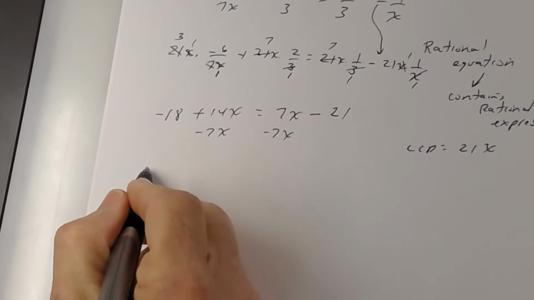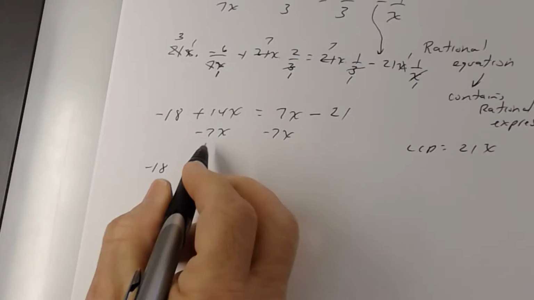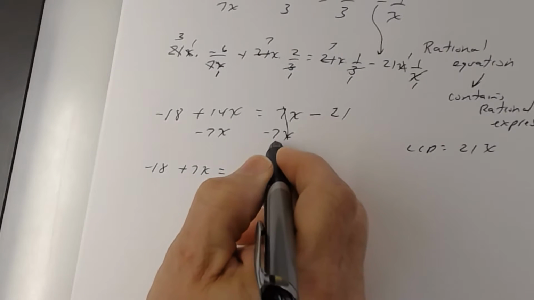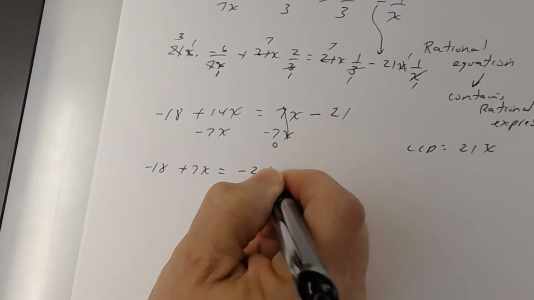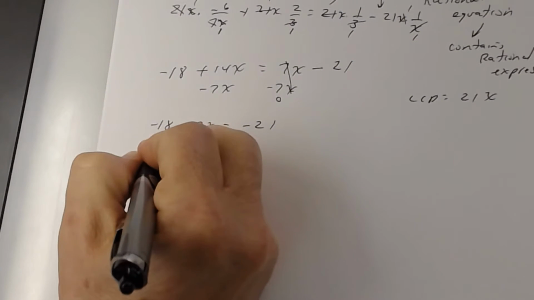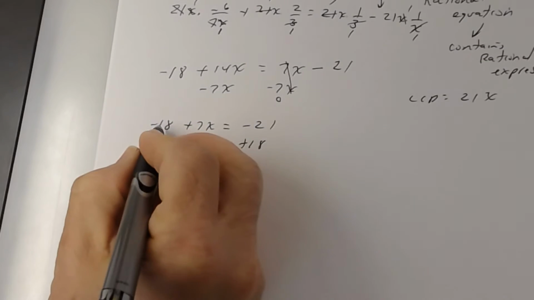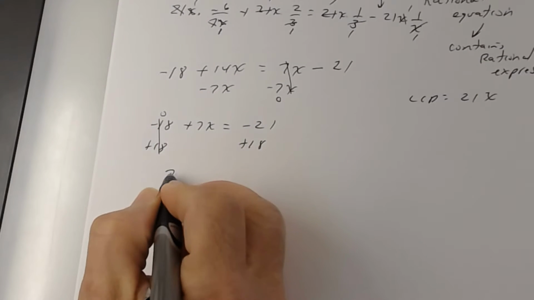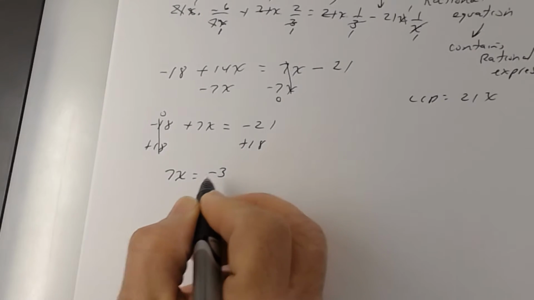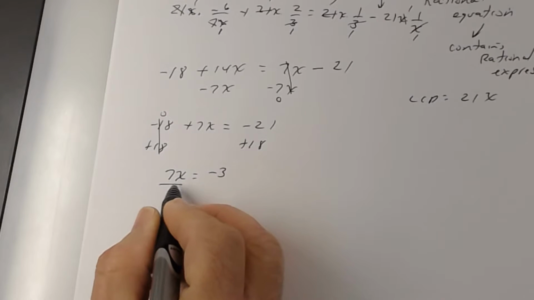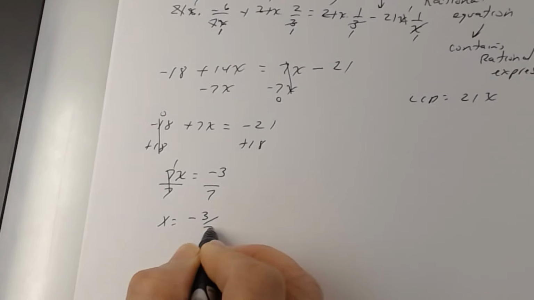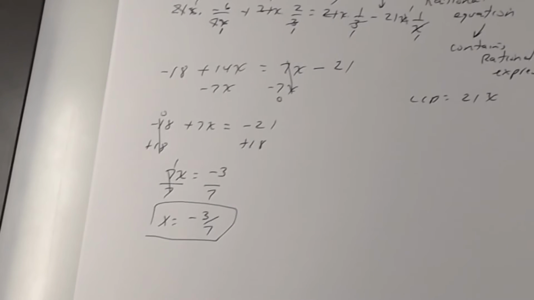So I get negative 18 plus 7x equal, these cancel out, and what are you left with? A couple more steps and you're done. What's the next step? Combine like terms. I get 7x equal negative 3. And then what's the next step? So what's x equal to? 3/7. And there's your answer. That's all you do.